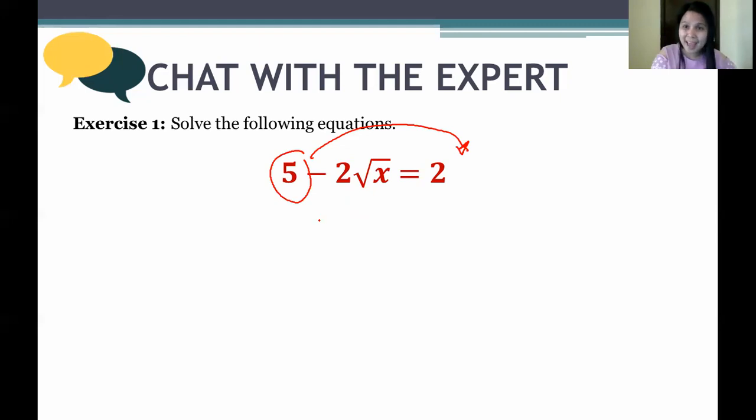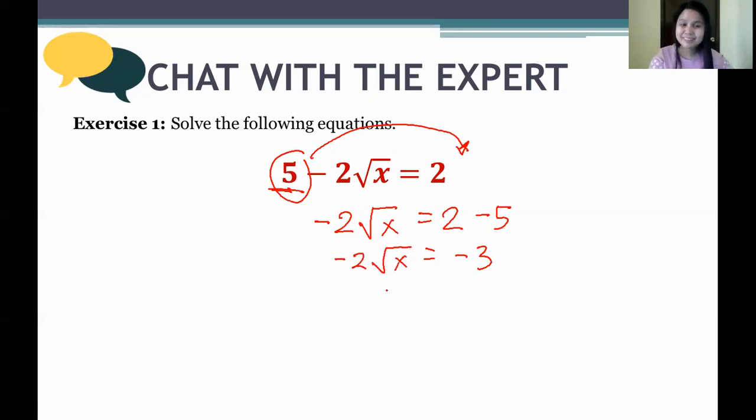So we now have -2 square root of x equals 2. Then transfer 5, it will be -5. So we now have -3. That's 2 minus 5. And on the left side, we will have -2 square root of x.